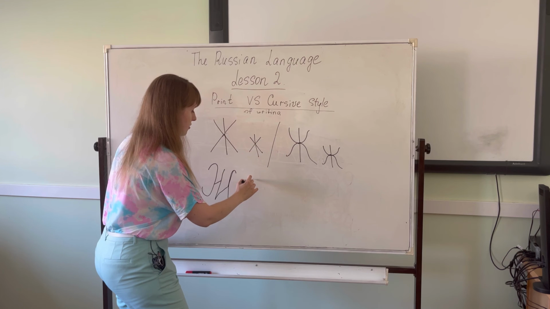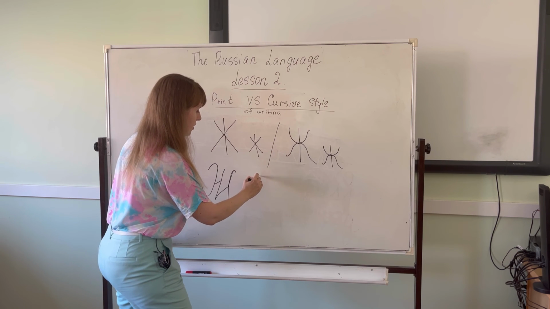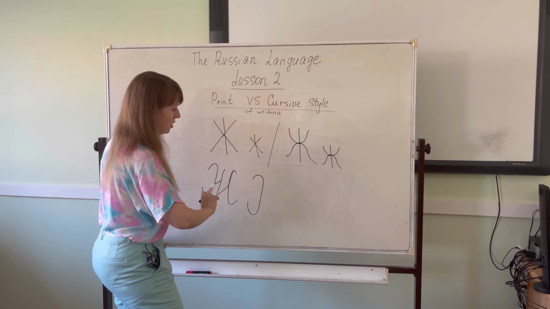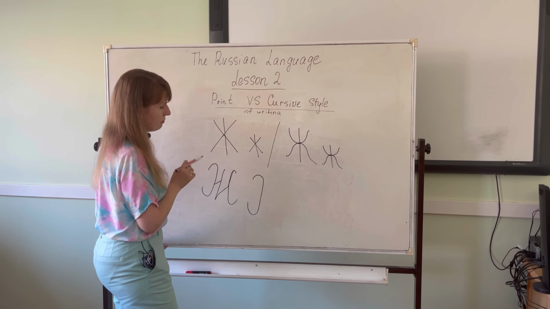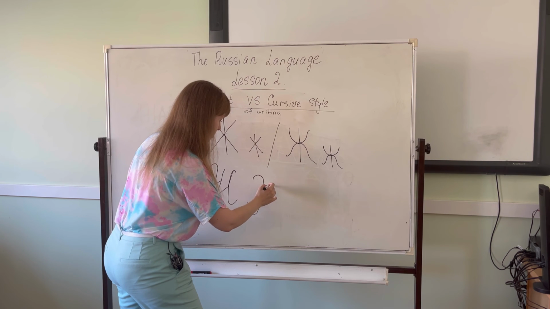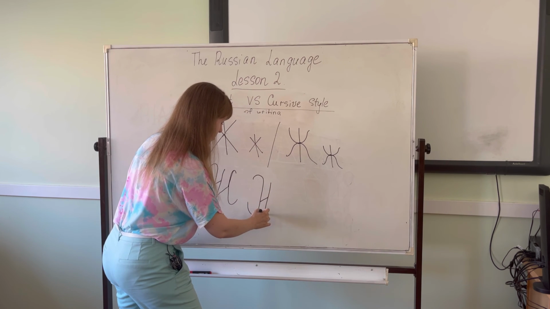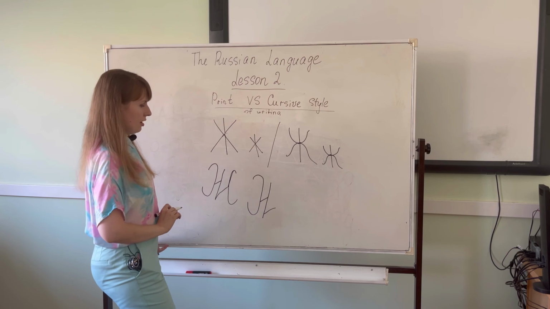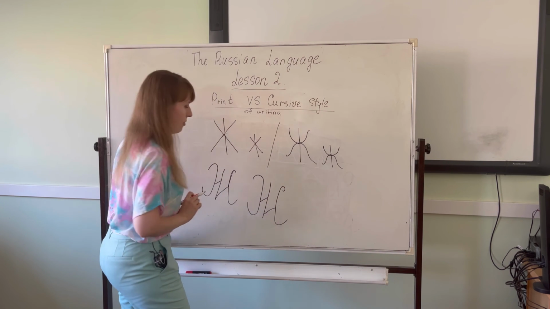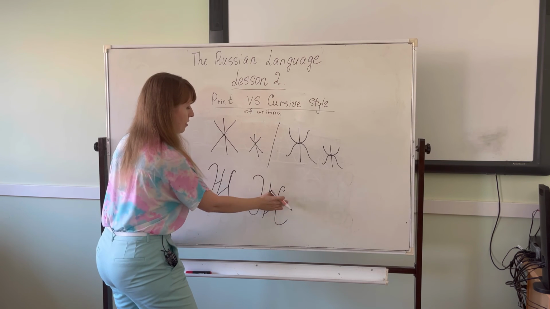So again, start from making a kind of half moon, a kind of oval line. Then you make a kind of lightning, and then again a backward element.